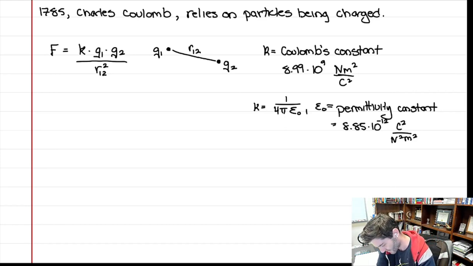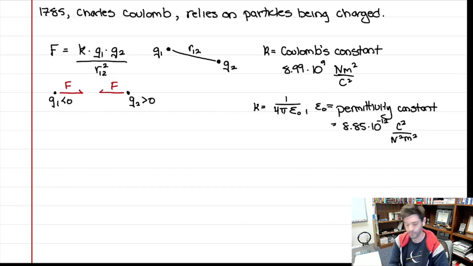So if I have, say, Q1, which is less than 0, and here it might be Q2, which is greater than 0, so one's positive, one's negative, then I would expect a force on both of those objects that are equal and opposite in direction, towards one another. If they both have the same sign, both positive or both negative, it is a repulsive force.